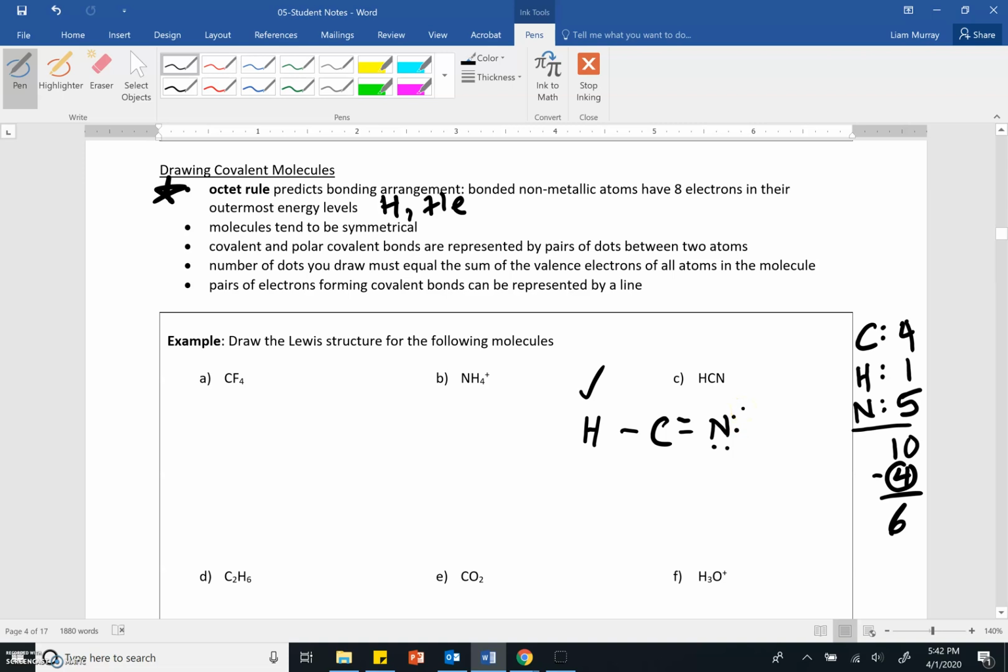So nitrogen's good, carbon is not. We can now move this pair of valence electrons into the bond with carbon to create a triple bond. Crazy, I know. And if we now look at it, we've got 2, 4, 6, 8 around our carbon, which is happy, and 2, 4, 6, 8 around our nitrogen.